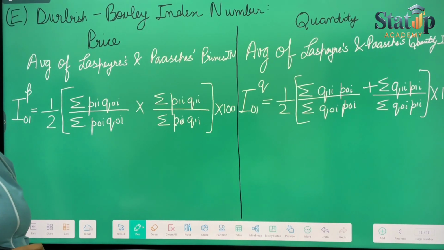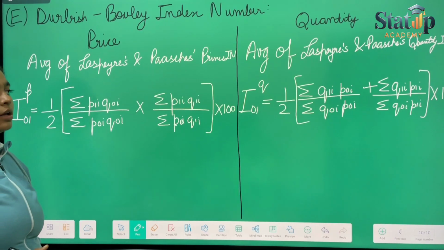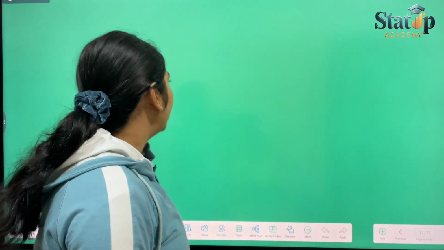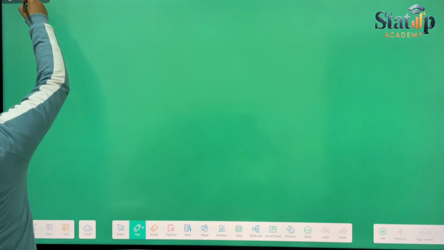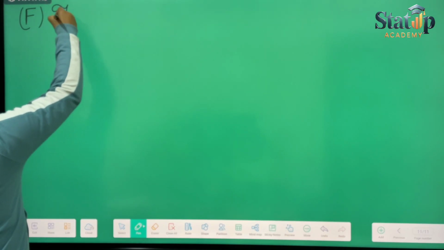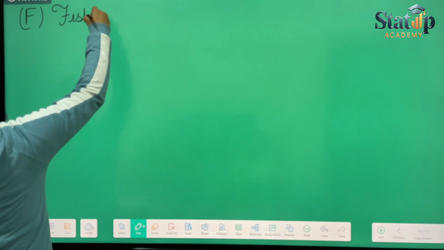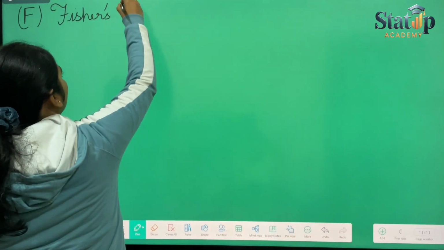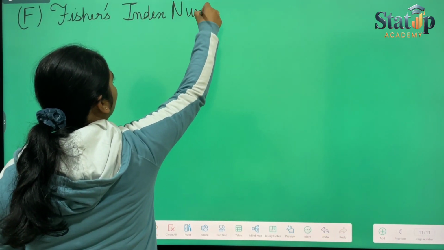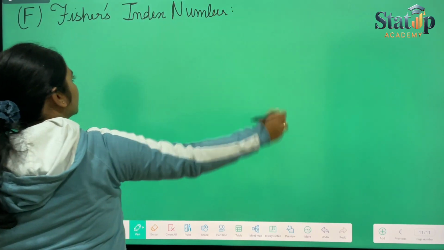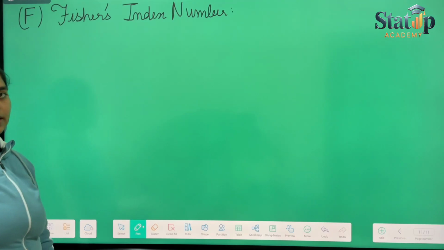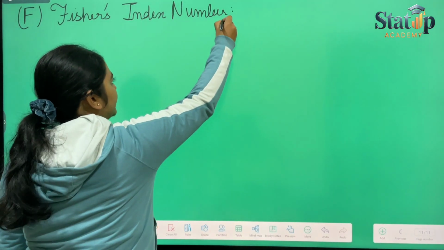I hope that it's clear for the Drobisch-Bowley quantity and Drobisch-Bowley price index number. Now the sixth and the last one is Fisher's index number. Fisher's index number is also known as Fisher's ideal index number. We'll discuss that later, but first of all, what is Fisher's index number?